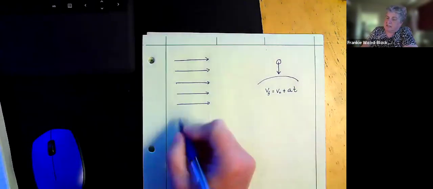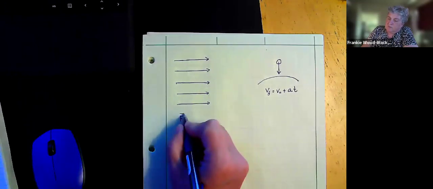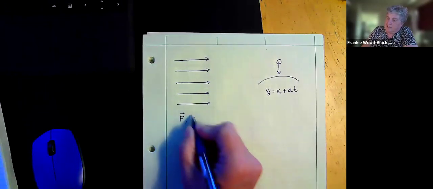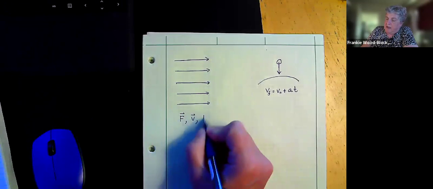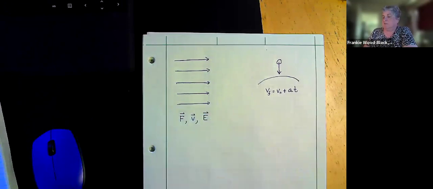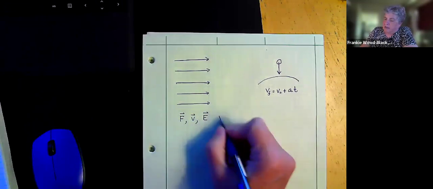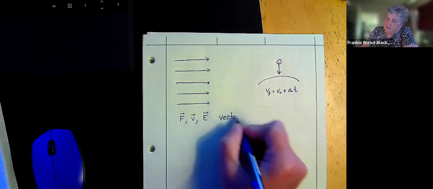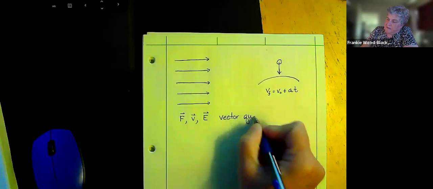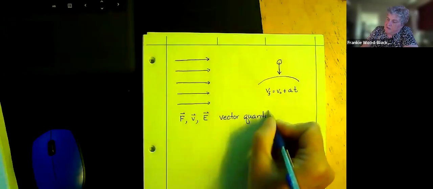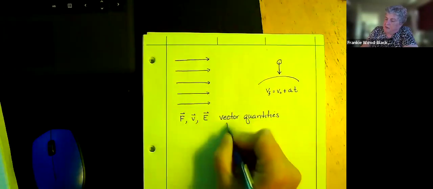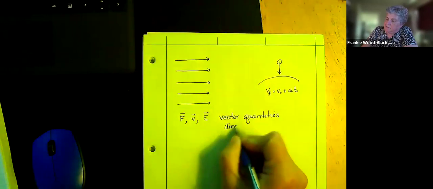Now, one of the things is that force is a vector, velocity is a vector, my electric field is a vector, and we've got all of these things that are vector quantities, which means they have direction and magnitude.